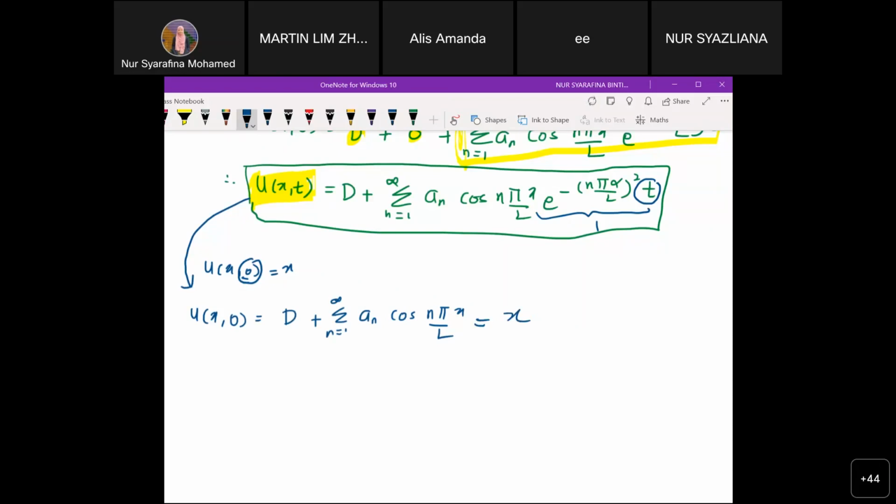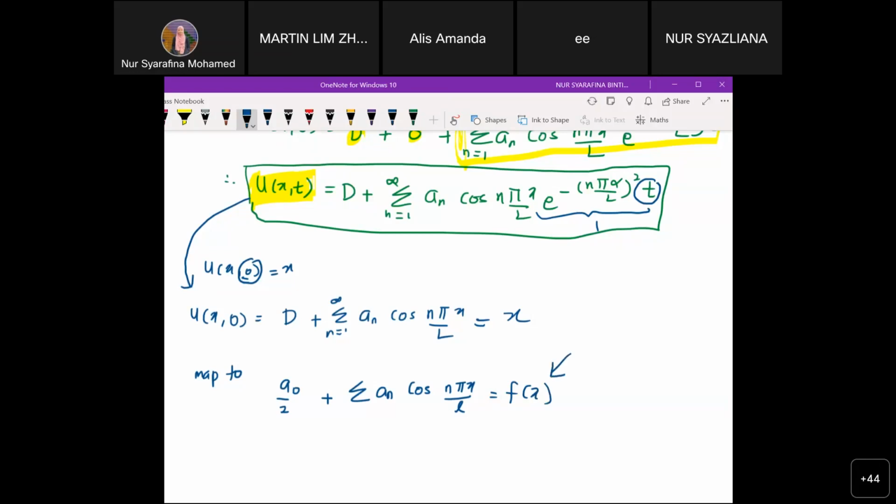Back to the Fourier series, this can map to a Fourier series of a0 over 2 plus the summation of a_n cos(n pi x over L) equals x.